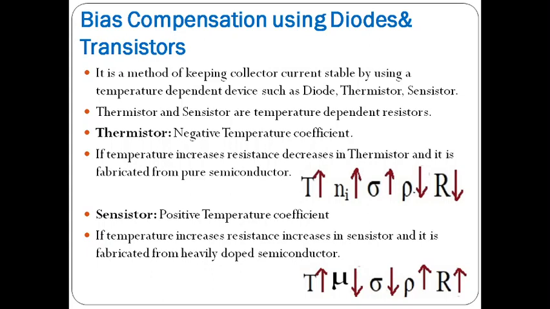When temperature increases in a pure semiconductor, the intrinsic carrier concentration increases and the conductivity of the material increases, so resistivity decreases and resistance decreases.